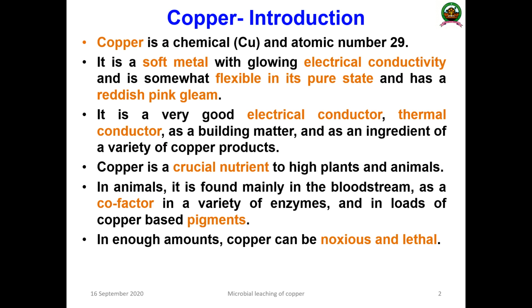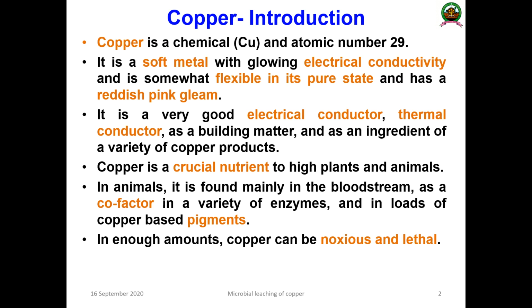Copper is a crucial nutrient for higher plants and animals. In animals, copper is mainly present in the bloodstream as a cofactor in a variety of enzymes, and lots of copper-based pigments are also present.